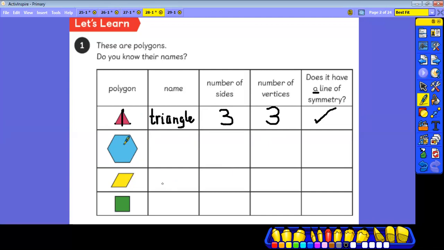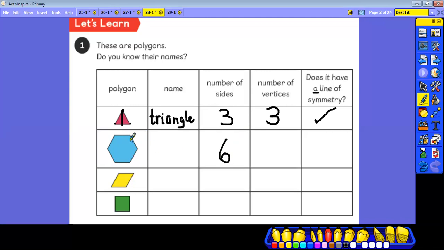Let's go on to our second shape, the blue one. Before I name the shape, sometimes, children, it's helpful if I know the number of sides and the number of vertices, because sometimes I can remember the name of the shape when I know exactly how many sides and vertices it's got. So I'm going to do number of sides first. Count with me. 1, 2, 3, 4, 5, 6.